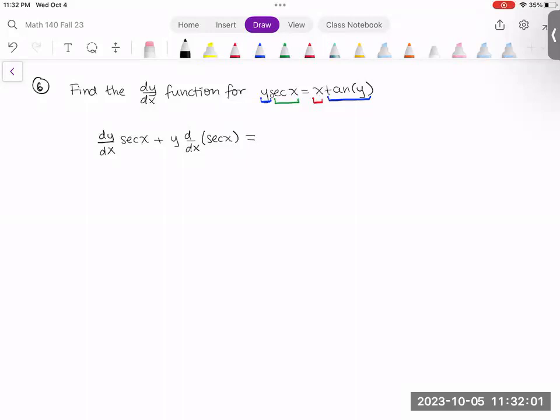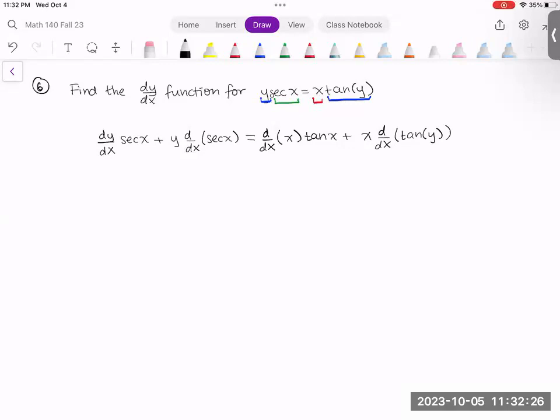Now we're going to differentiate our right-hand side, again using product rule. So we have the derivative of x, which is just going to be 1 times tan x, plus x times the derivative of tangent of y.